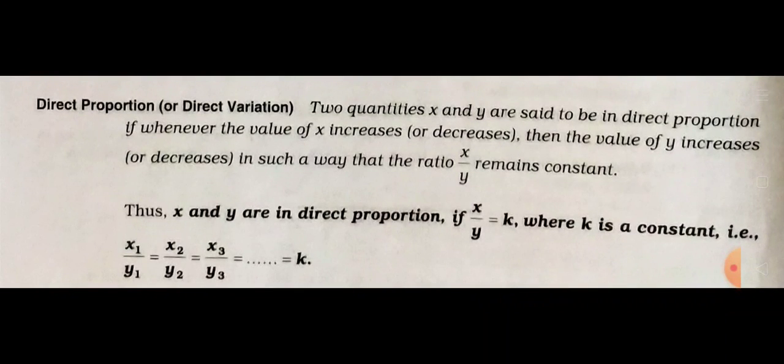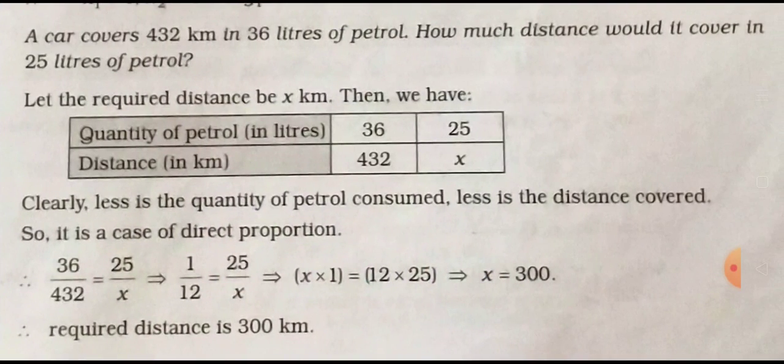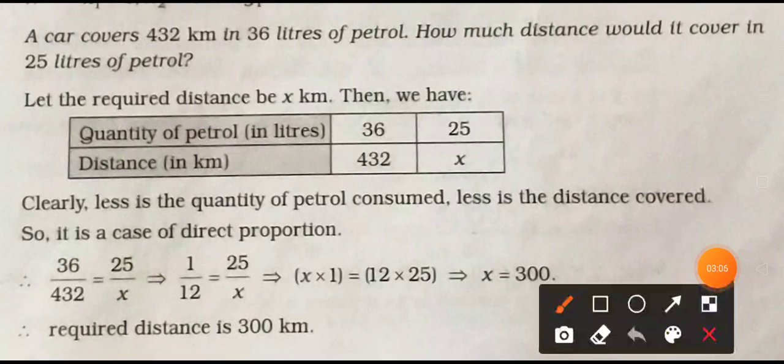Now let's take one example. A car covers 432 km in 36 liters of petrol. How much distance would it cover in 25 liters of petrol? So let the required distance be x.